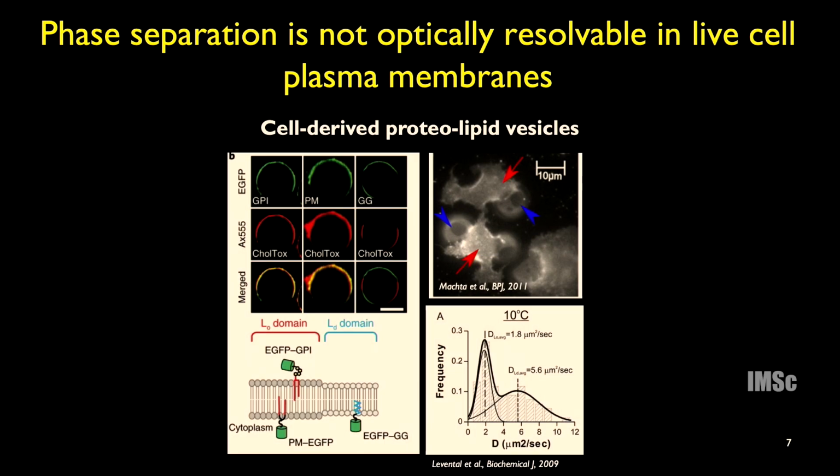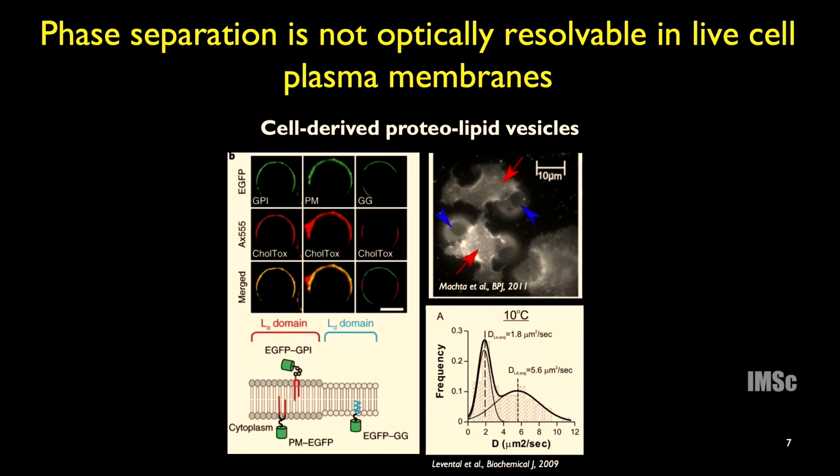And indeed, when we took these vesicles directly out, here we are looking at the cytoplasmic leaflet, we take different probes, saturated lipid probes, unsaturated lipid probes, and you see that they clearly phase separate. Okay, so which means that the inner leaflet of the plasma membrane, when isolated from a living system, does phase separate.